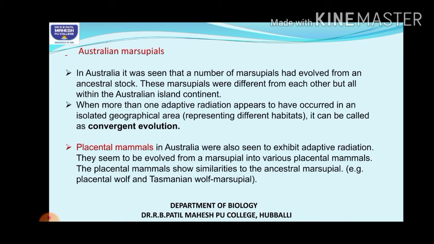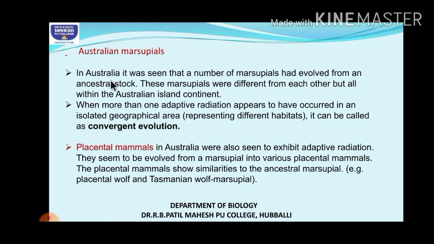Two other examples are also given, that is the Australian marsupials and the placental mammals. Marsupials means, remember, the pouched mammals. Such pouched mammals are found in the Australian continent.